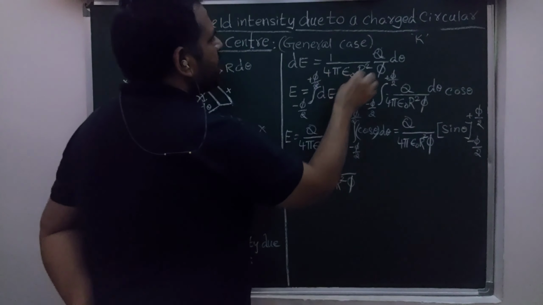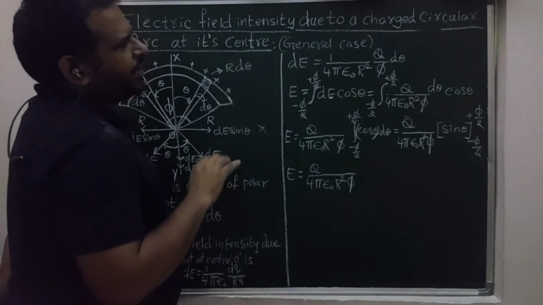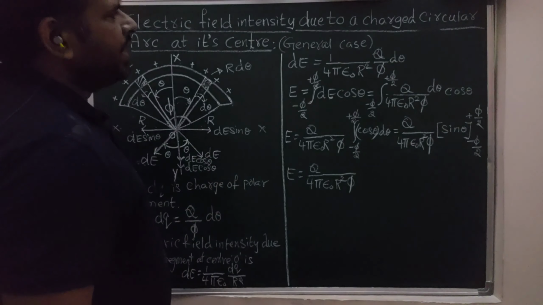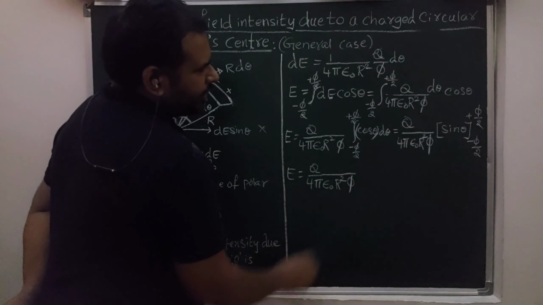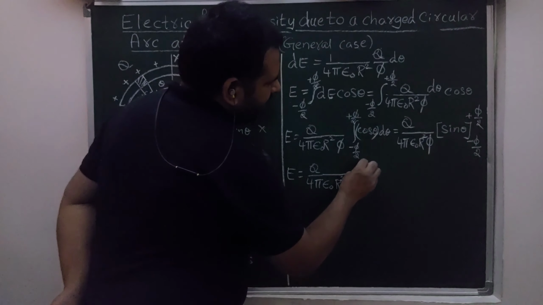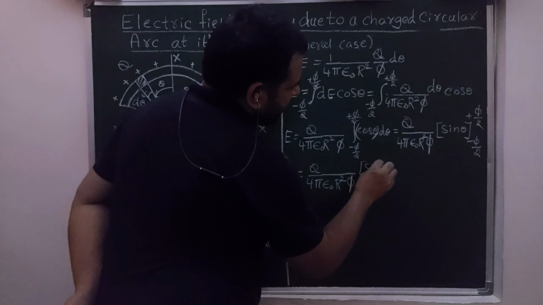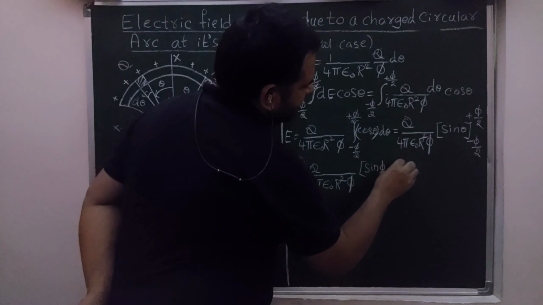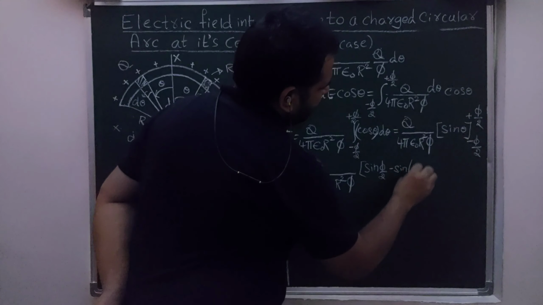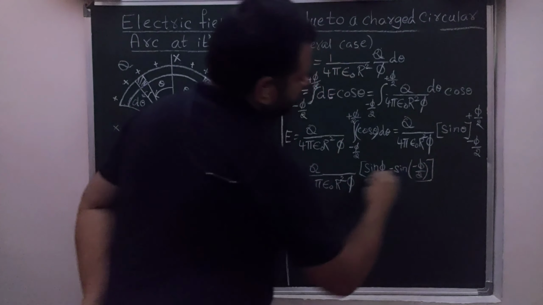So Q by 4π epsilon naught r square into φ, and sin theta, since we integrated cos theta we got sin theta. Write the upper limit in place of theta, that is sin φ/2, minus sin in place of theta, minus φ/2.